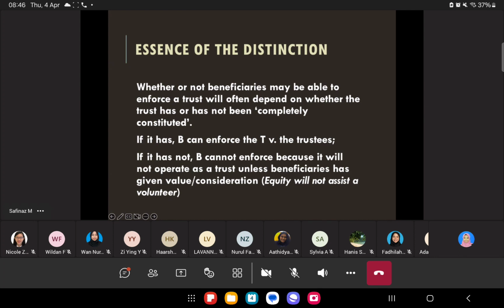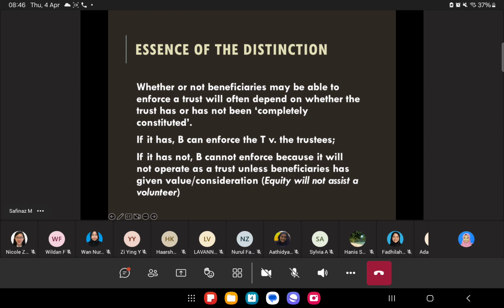So if the beneficiary has given consideration, then the beneficiary can enforce an incompletely constituted trust.